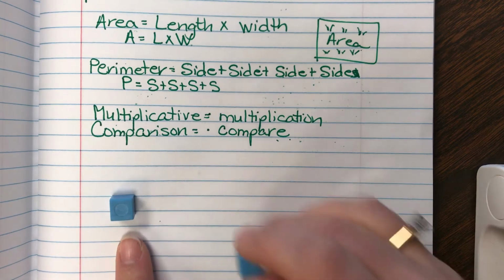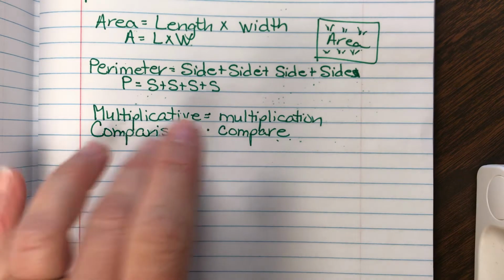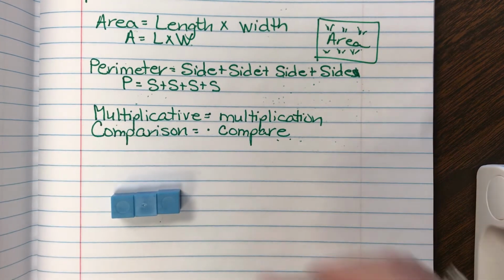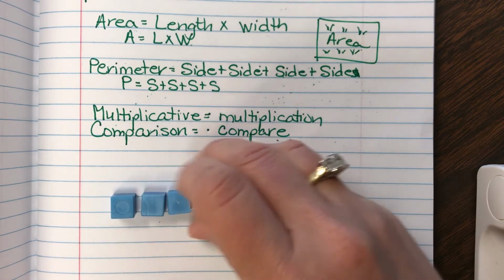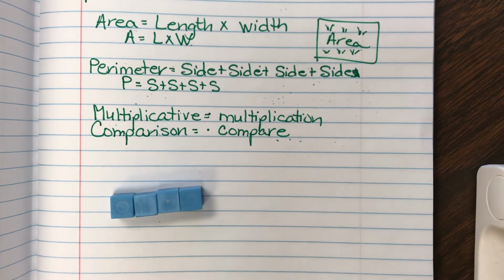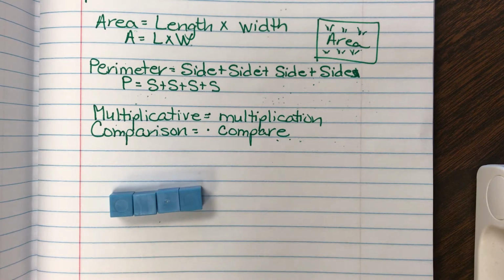Then I know I need to have 1, 2, 3 to figure this one out. This is a shape that would be 3 times as long as one of my cubes. Or if I had a cube right here and I said it was 4 times as long, I would have 1, 2, 3, 4. There's my shape that is 4 times as long because it is multiplying it by 4.